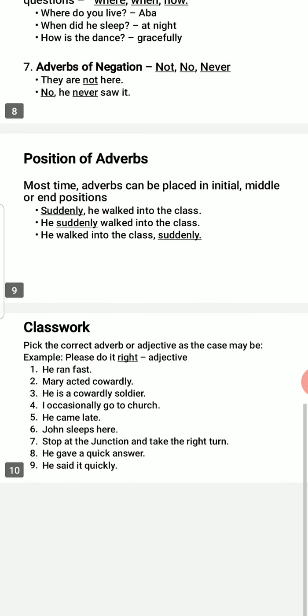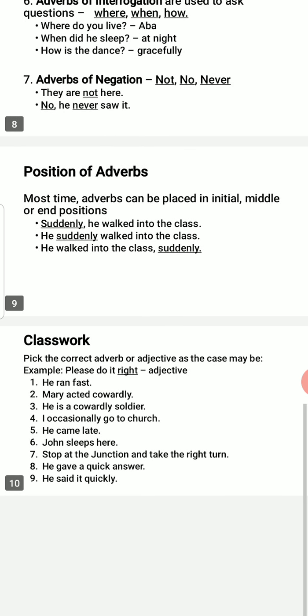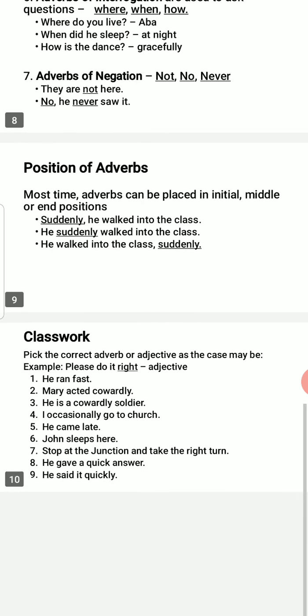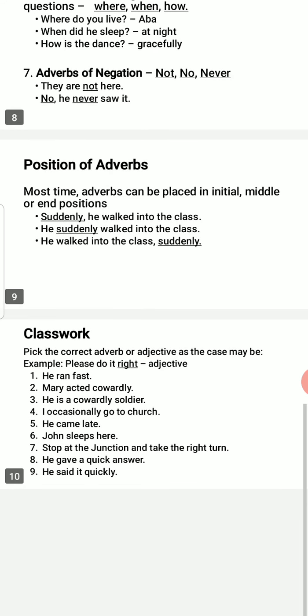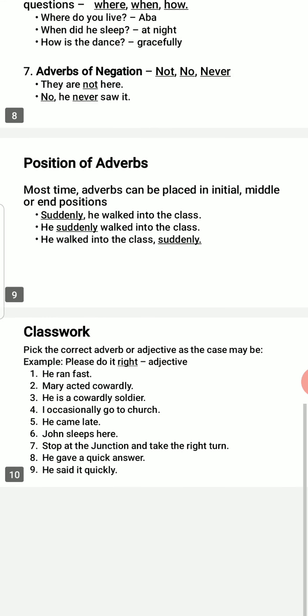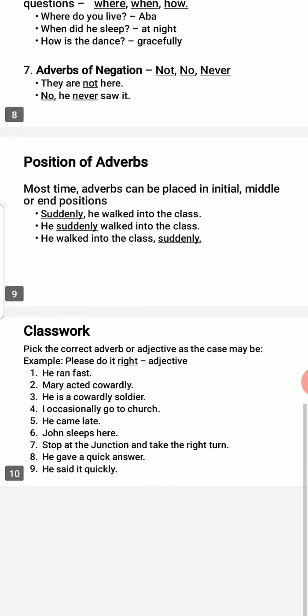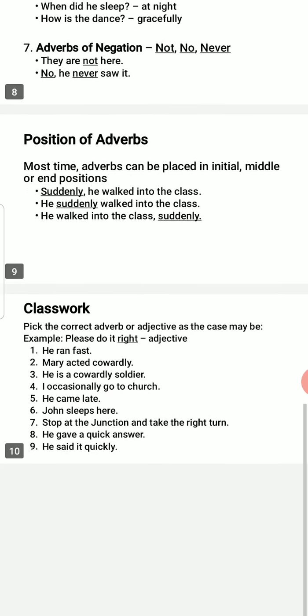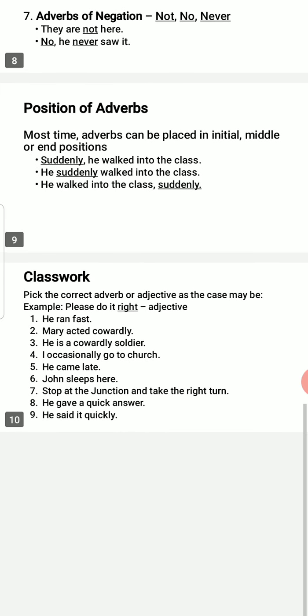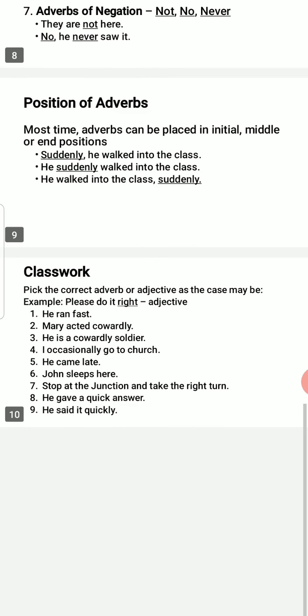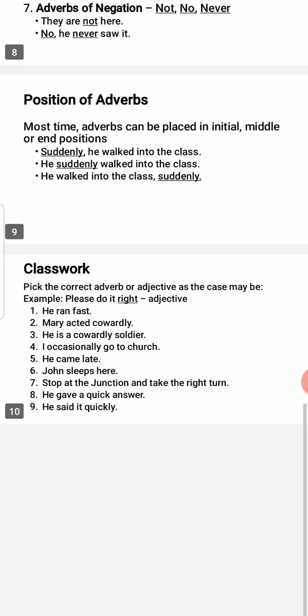The first one is an example. Please do it right. I have picked the word right, and I have identified it as an adjective. So I want you to do the same in the remaining 9 sentences.